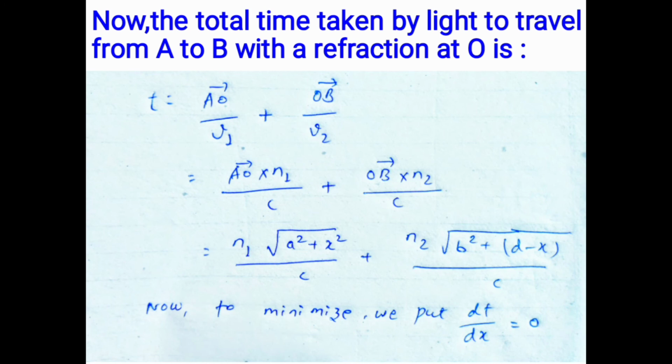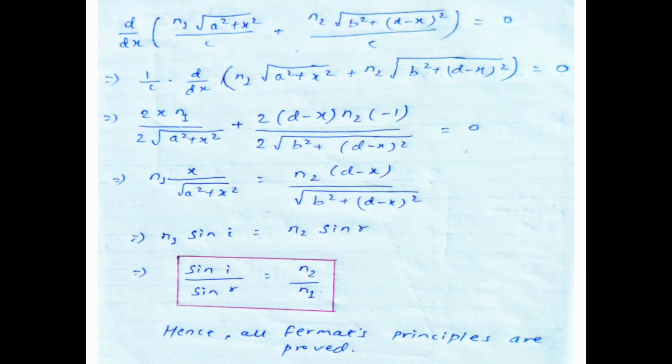Now we will find the total time taken by light to travel from A to B with a refraction at O. So time t is equal to AO upon v1 plus OB upon v2, and we will put the values of v1 and v2 here and solve this. To minimize the total time we will put dt upon dx equal to 0.